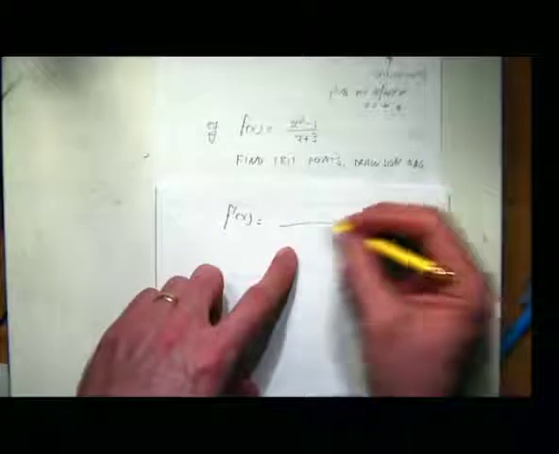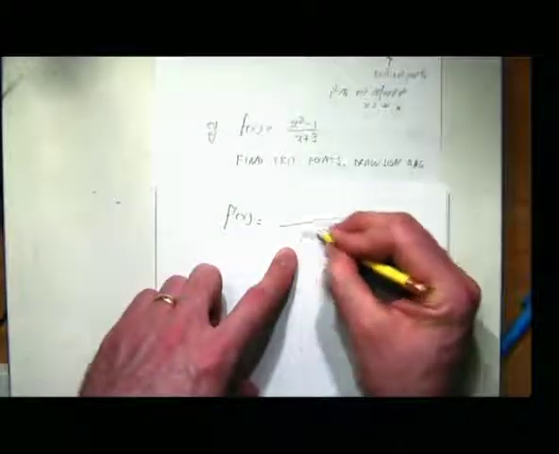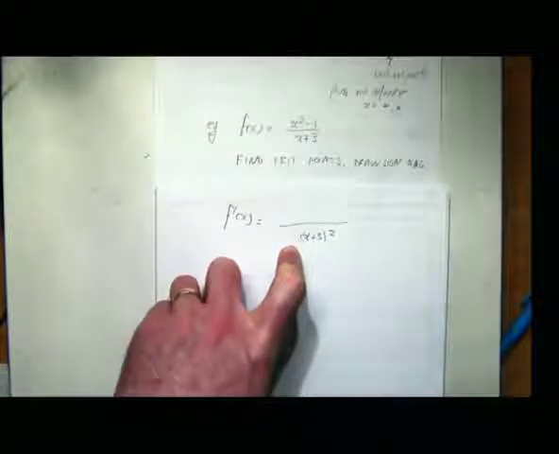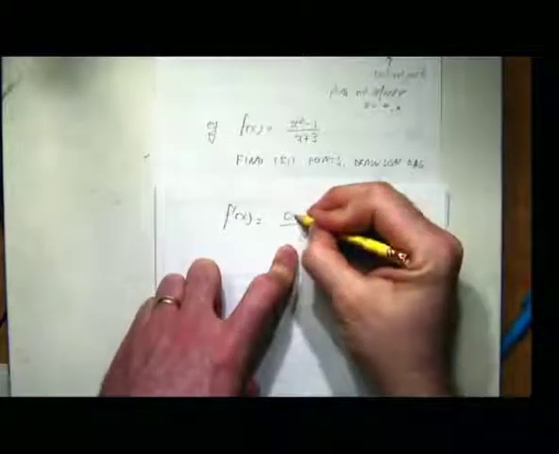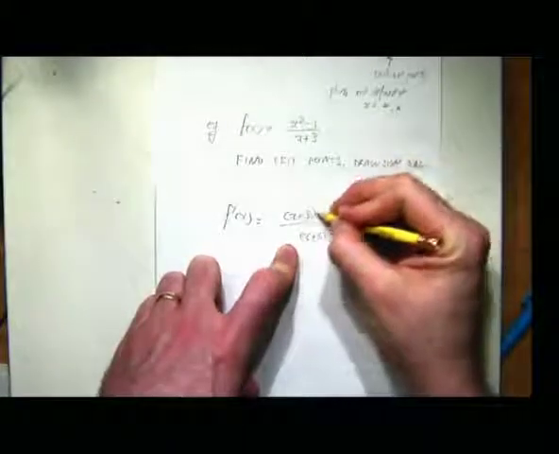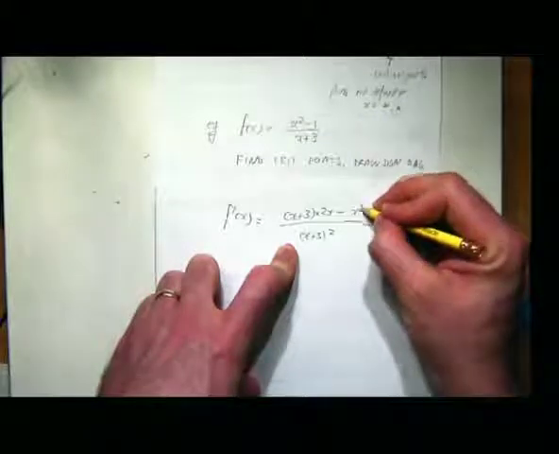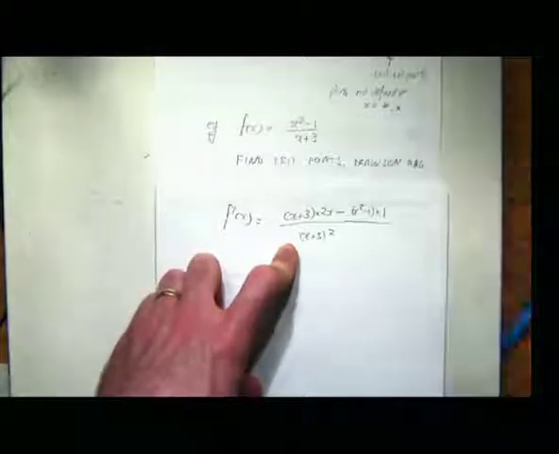So the quotient rule goes through the bottom squared, and the top starts out with the bottom. So we keep the bottom as it is and differentiate the top, and then we keep the top as it is and differentiate the bottom. I often get confused when I get that round the wrong way and I differentiate the bottom first.